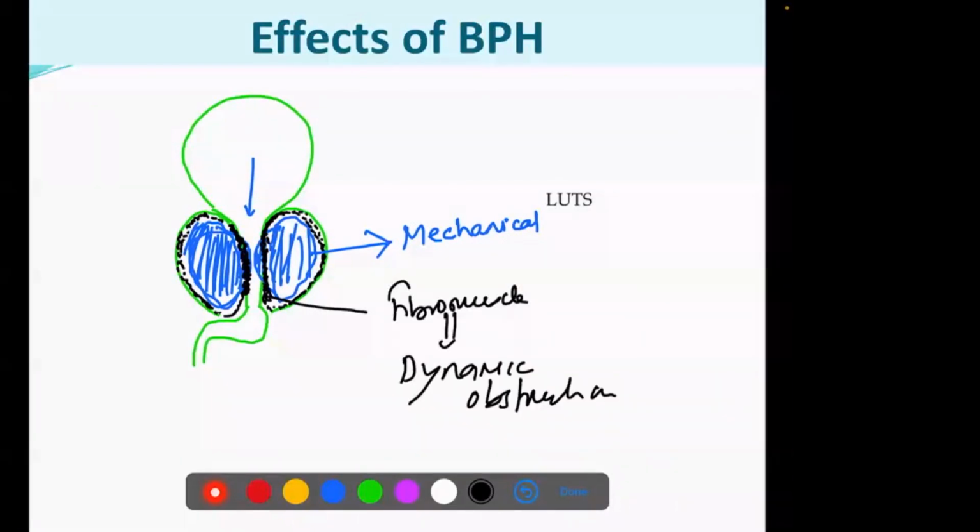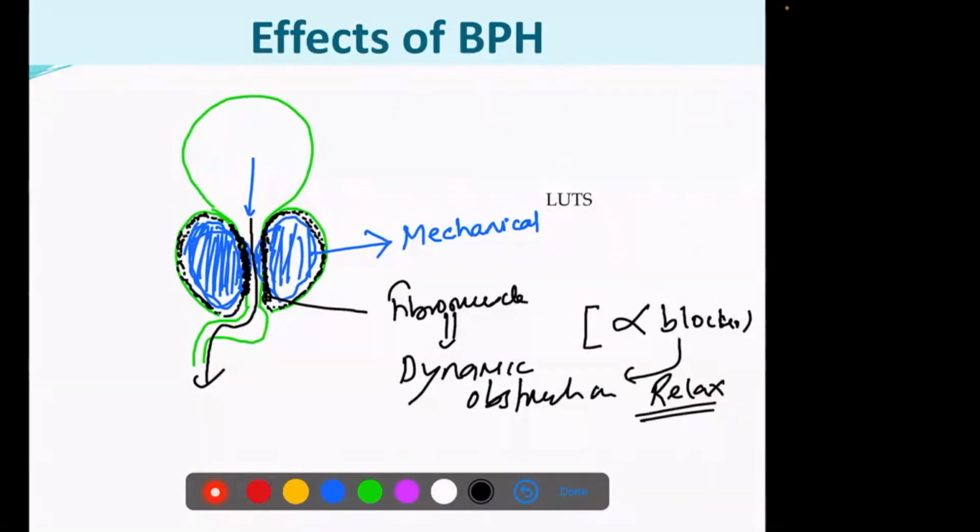If you can make this muscle relax, then the urinary flow becomes very good. That's why there are some drugs known as alpha blockers, which relax smooth muscles, such that the dynamic obstruction is relaxed. That's why the patient has very rapid symptomatic control. But to decrease the mechanical obstruction caused by glandular hyperplasia, we have to give a drug that will reduce the size of the prostate. That is known as a 5-alpha reductase inhibitor.